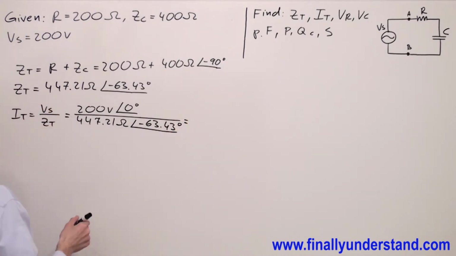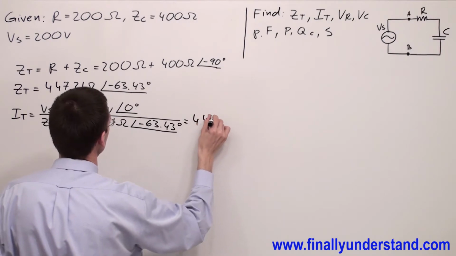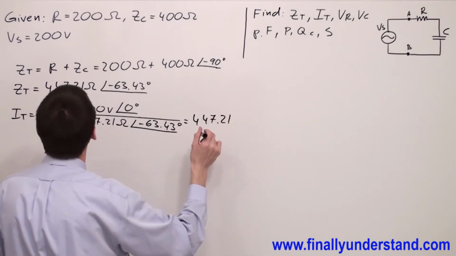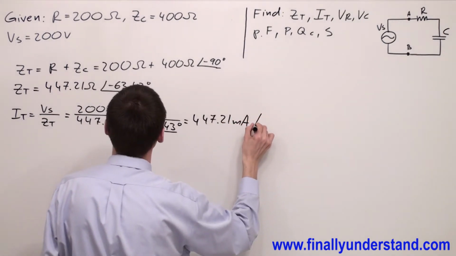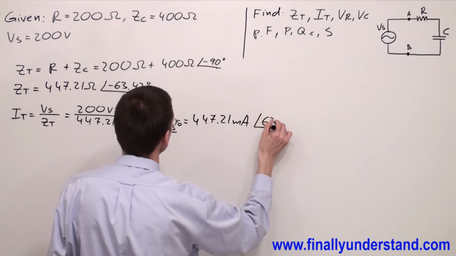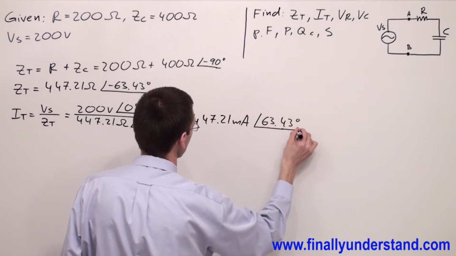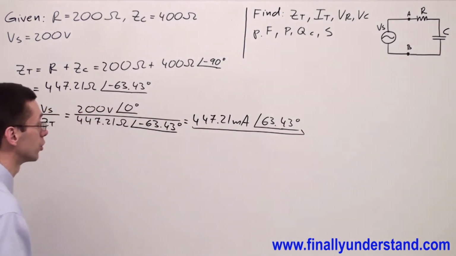This is equal to 447.21 milliamps, an angle of 63.43 degrees. This is the current total in my circuit.